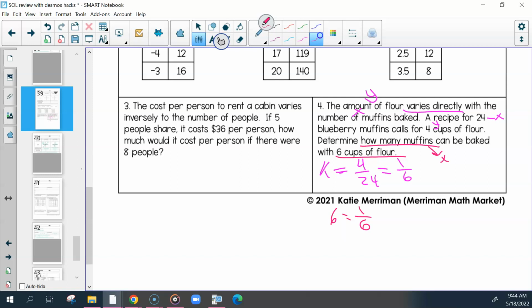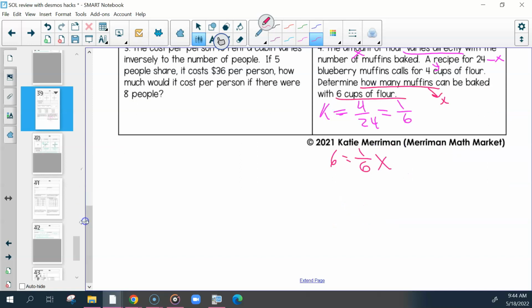Yeah. And then X, how would we solve for X? Multiply 6 to both sides. So for 6 cups of flour, we could make 36 muffins.